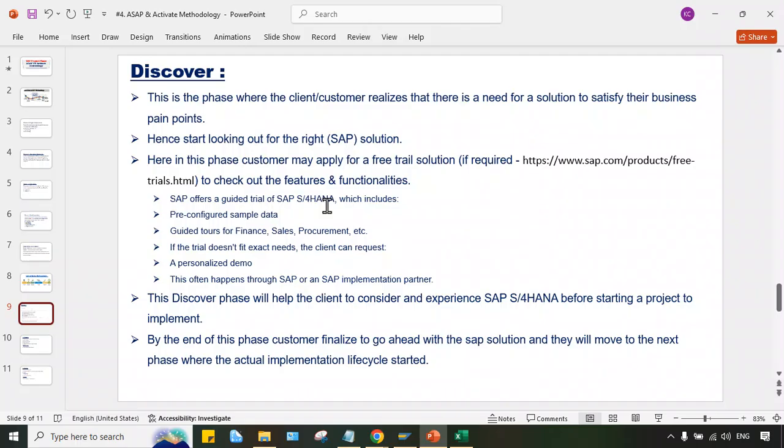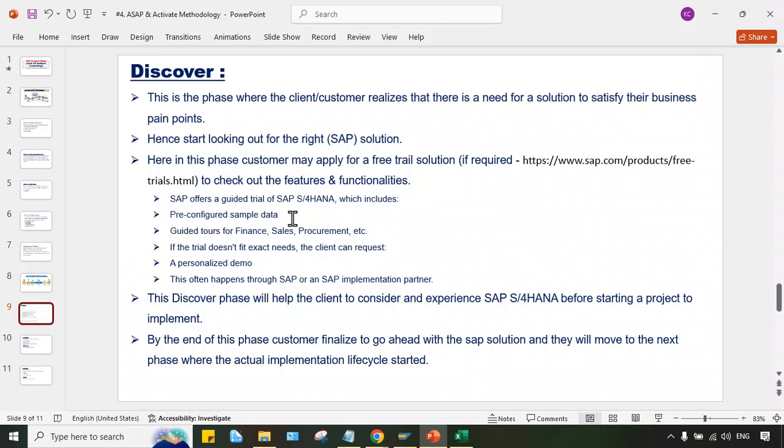So if the client wants to test how the vendor invoice is posted in SAP, how the non-PO invoices are getting posted, how the PO invoices are posted, how to set up the purchase order, there will again be a question that these people are not experts in SAP.